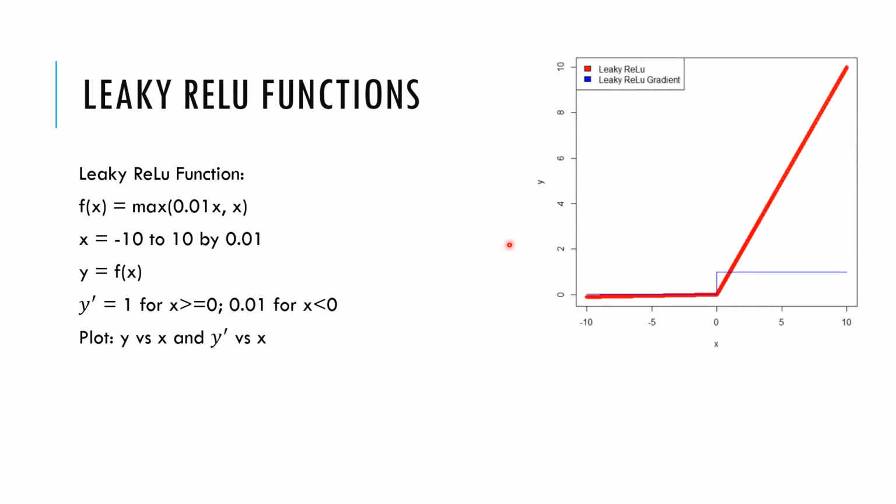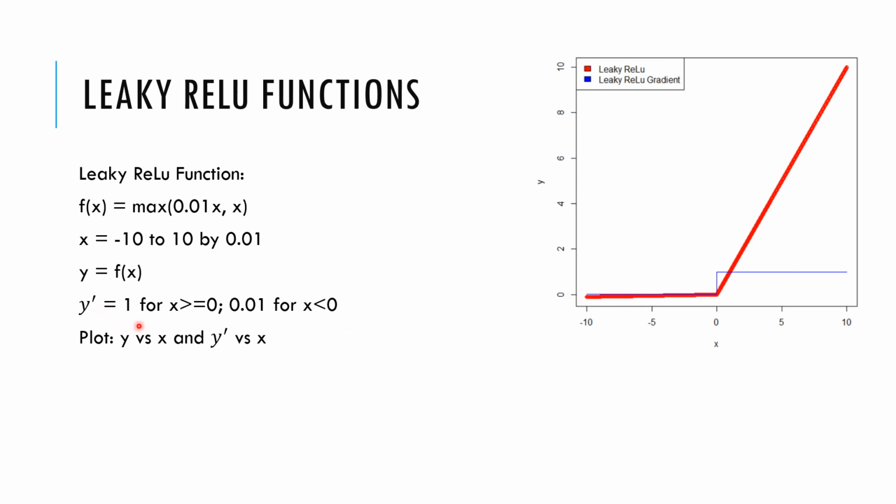So let's plot and see what happens. You see, this is the leaky ReLU. It's actually not 0 when the value of x is less than 0. It is taking a fraction of x, so it has gone a little down. There is a small slope here. It's not a straight line close to 0. You can see that.